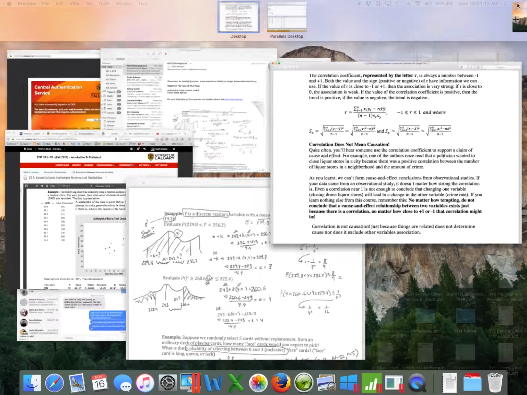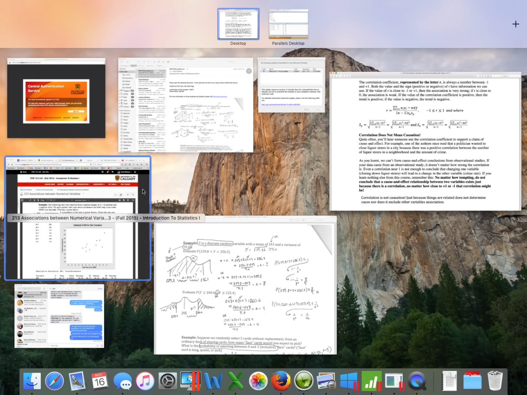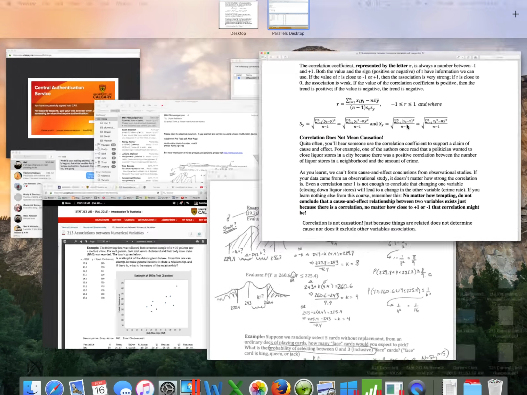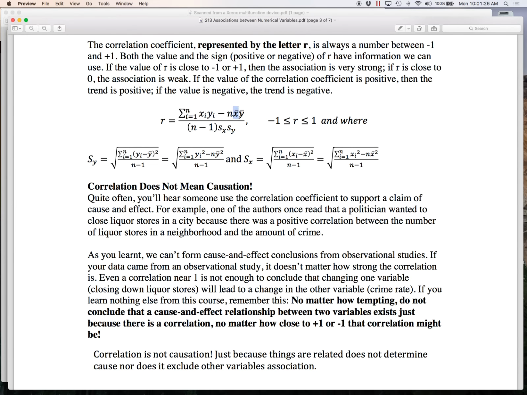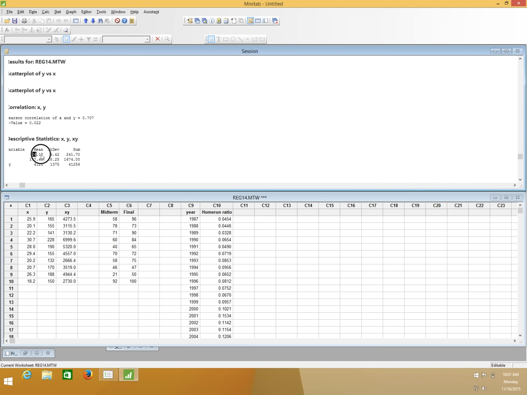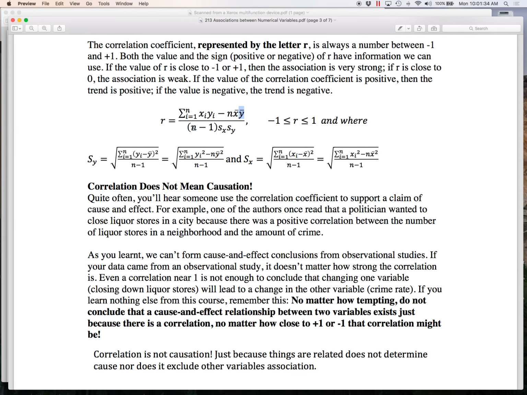n is just the number of points. So what is n here? It looks like there are 10 x's, there are 10 y's. So n is the number of pairs, so n is 10. Then I've got x bar and y bar, which of course are just the average of x and the average of y. So here's x bar, here's y bar. Then I'm going to divide that by n minus 1, which would be 10 minus 1 or 9, times the standard deviation of x.